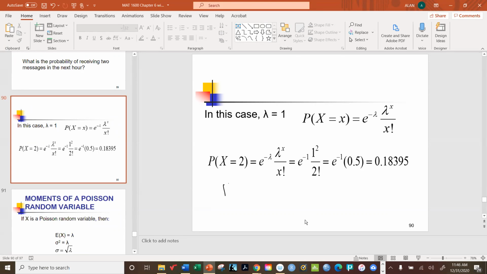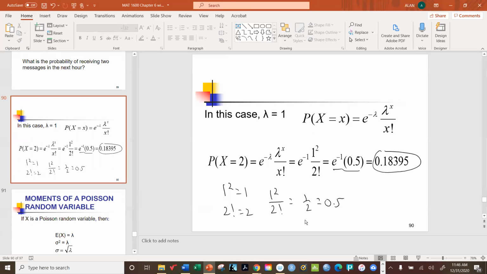Just a reminder, 1 squared is simply 1, 2 factorial is 2. Therefore, 1 squared over 2 factorial is simply 1/2. So what you've actually got here is 1/2 of e to the minus 1 power, or approximately 0.18395. So it's a fairly straightforward calculation.